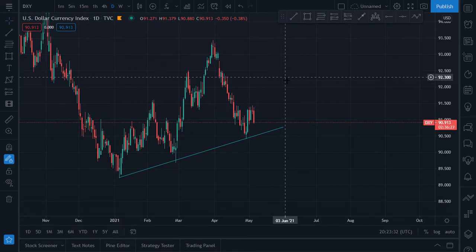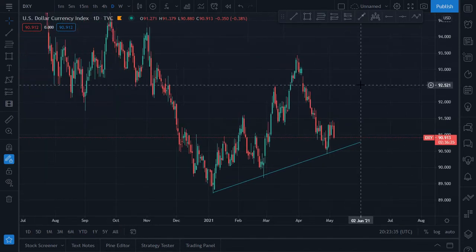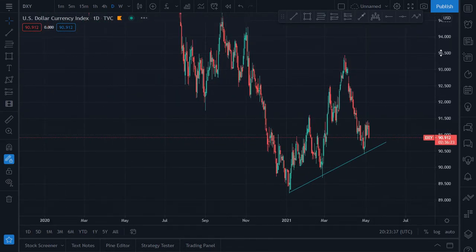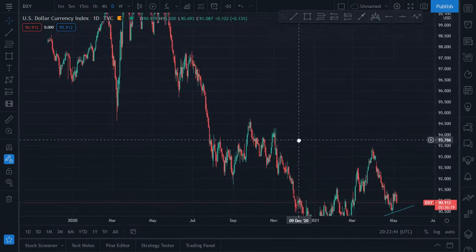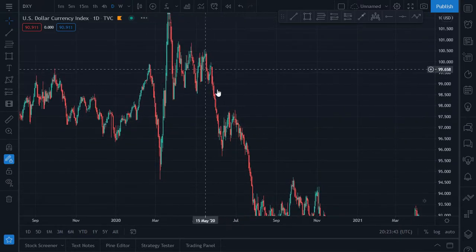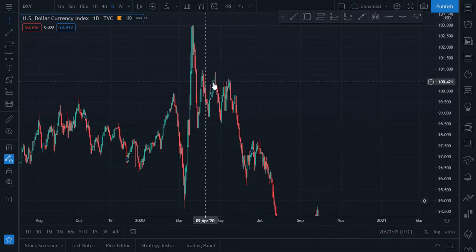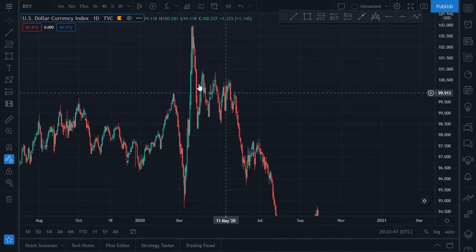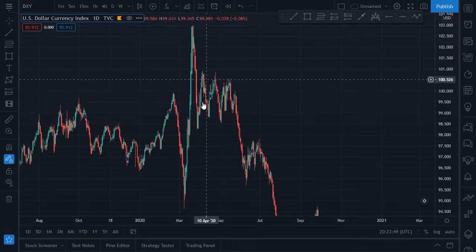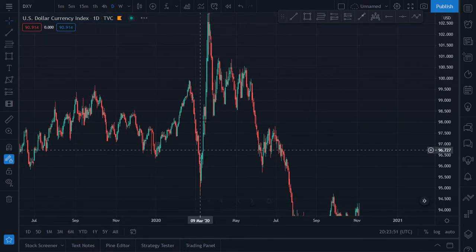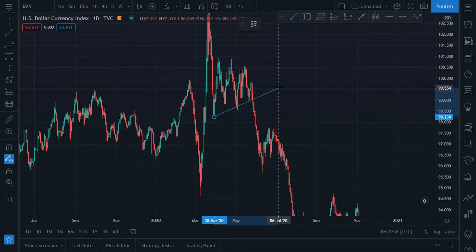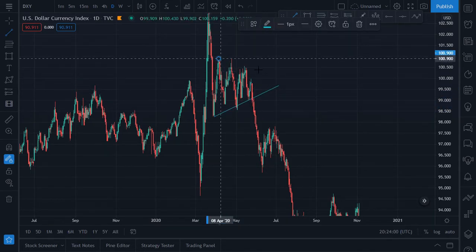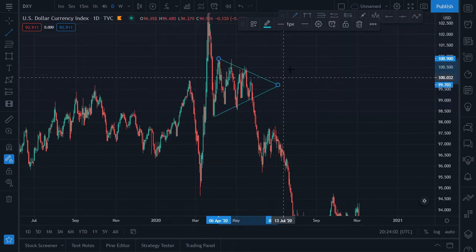The market was also on a downtrend, because here is where the market reversed and changed directions. Here we had an impulse, then this correction, impulse, correction, then we have this ascending triangle like this, and so on and so forth.